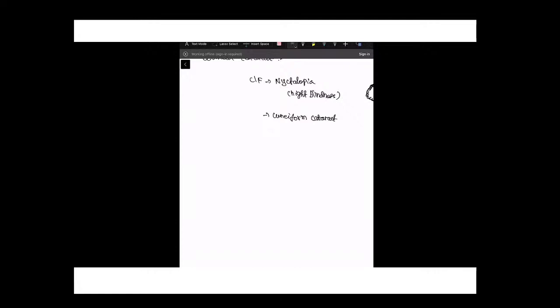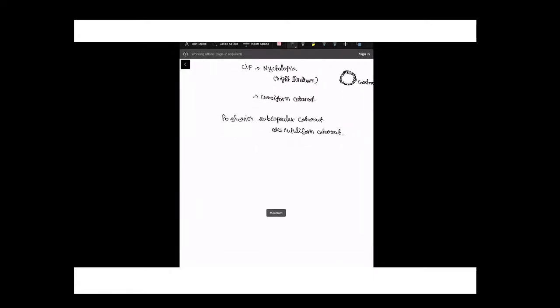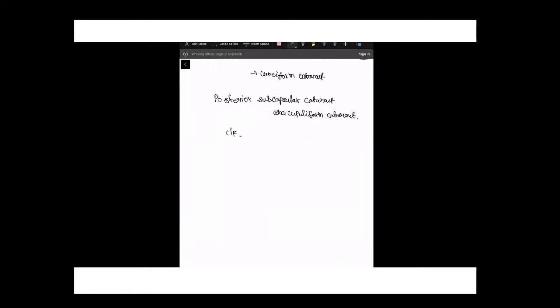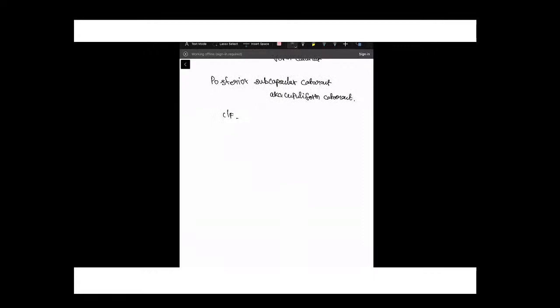The third one, which happens in the posterior subcapsule of the lens, posterior subcapsular cataract, also known as cupuliform cataract. Clinical feature, maximum visual handicap is seen here.